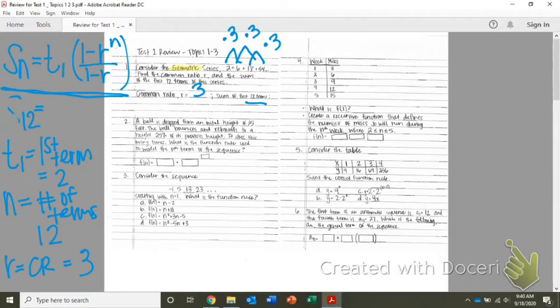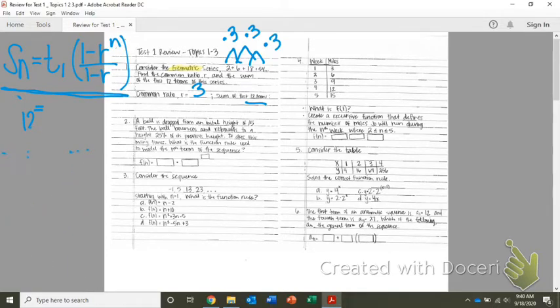Now, I'm going to erase this so I have some room. So we're saying S of 12 equals 2 times (1 minus 3 raised to the 12th power) over (1 minus 3).